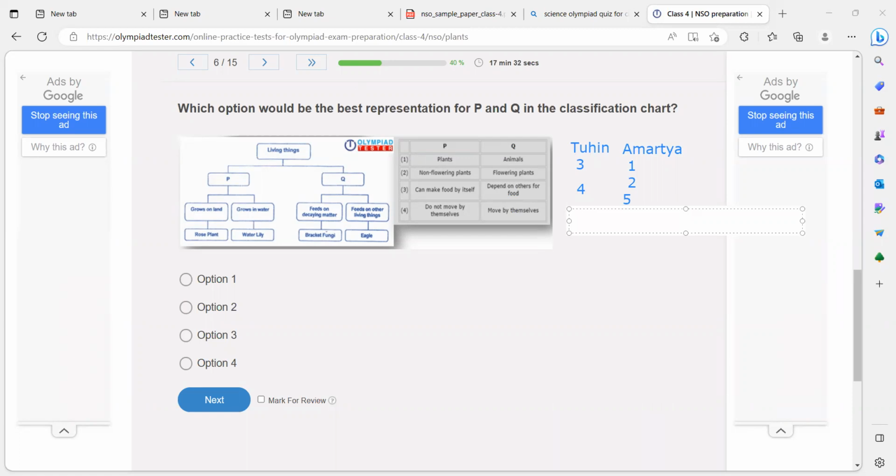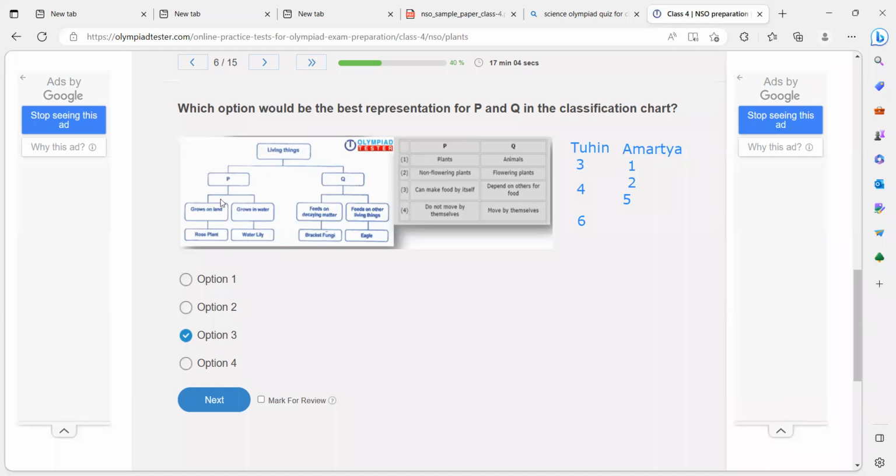Tuhin Rajak, it's 6. And it is option 3. Yes, Amoto, do you want to say anything? Yes, ma'am. Tell me. See, I am helping you to understand the question. Which option would be the best representation of P and Q in the classification chart? It is asking that P is a living thing, Q is also a living thing.